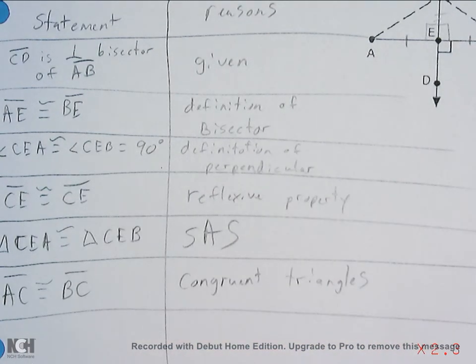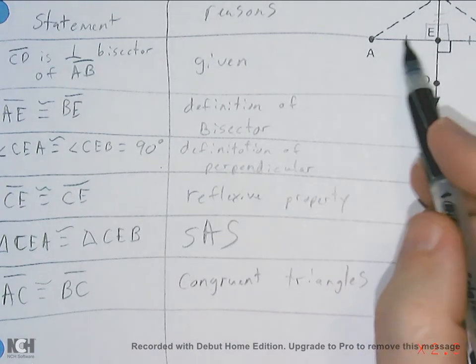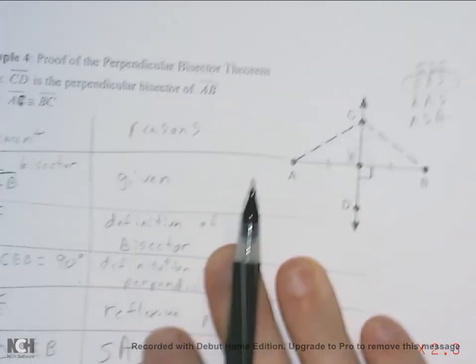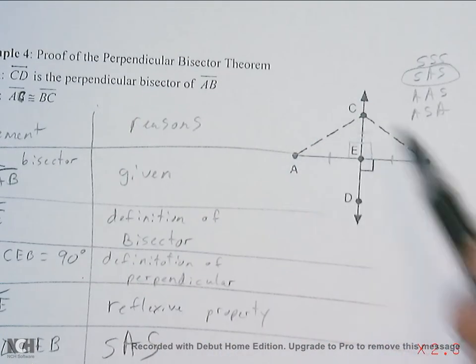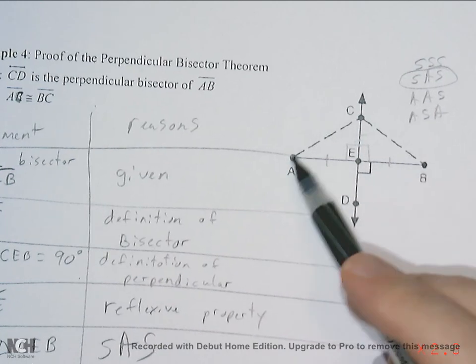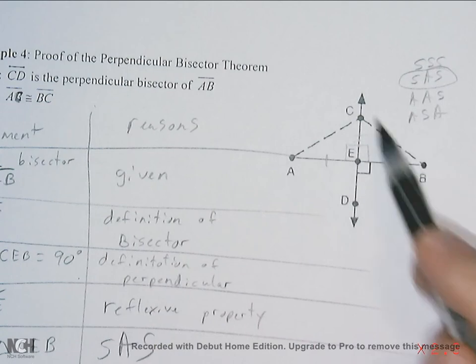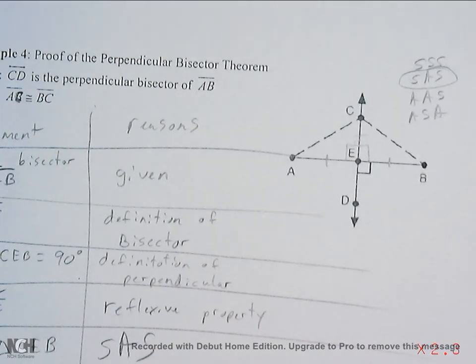So I just proved basically the perpendicular bisector theorem, which again says that any point on this bisected line is equidistant to the endpoints of the line segment, right? So that means that these endpoints would have to be exactly the same distance away. Okay, and that is a geometric proof.